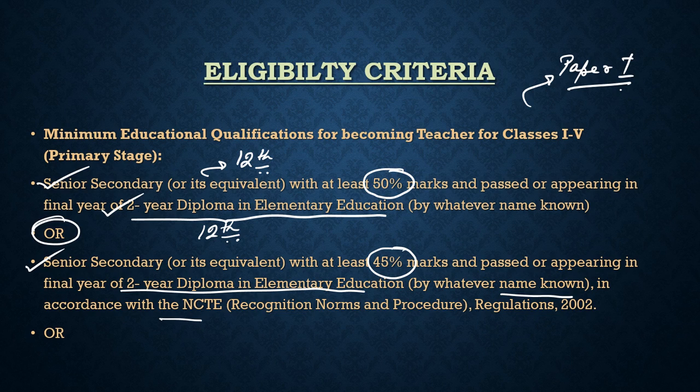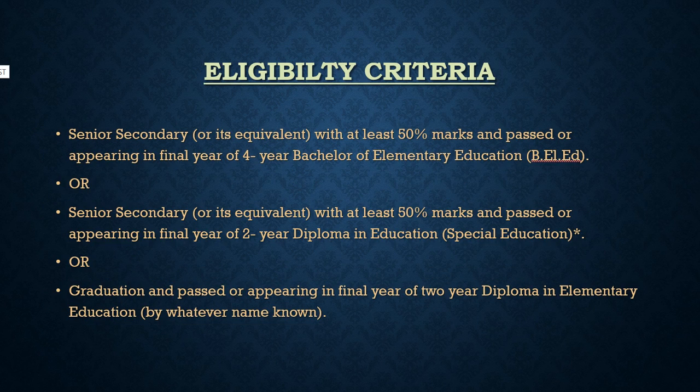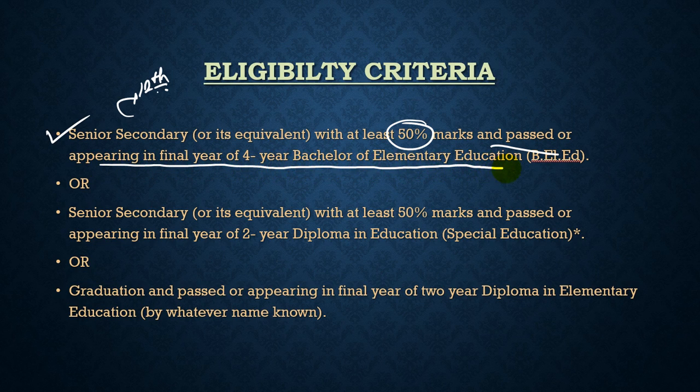Okay, so let's move on to the senior secondary level. Or we must have passed the class 12 level with at least 50% marks and passed or appearing in the 4-year Bachelor of Elementary Education, that is the B.El.Ed.